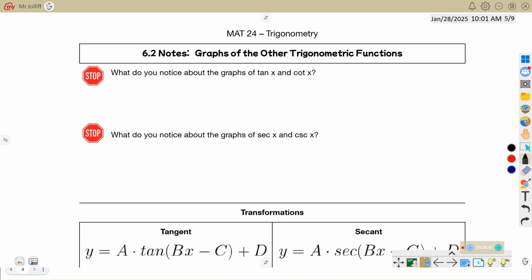And come back together. It's okay. And talk about what we see as similarities and differences between those two graphs. We're going to start with tan and cotangent.